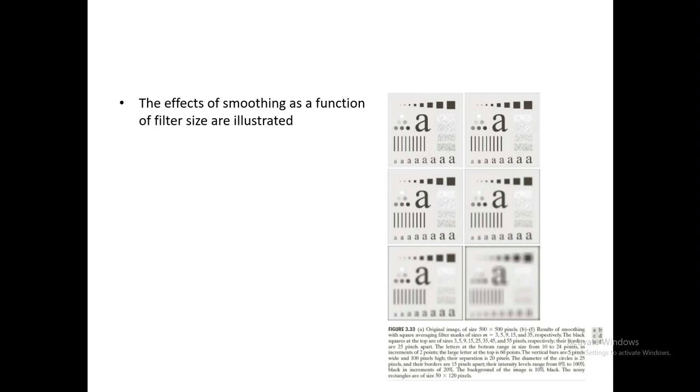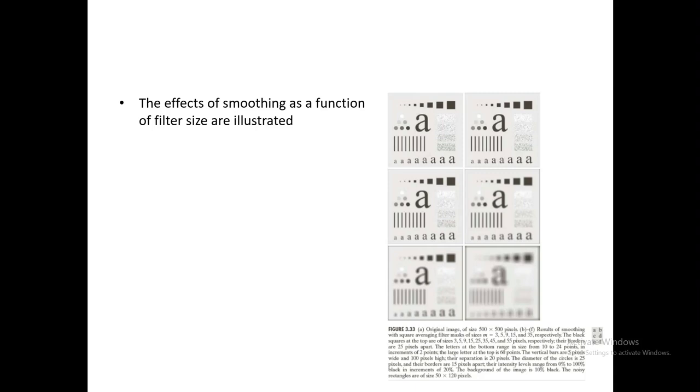As the filter size increases, the effect of blurring increases. Here is the original image of 500 by 500 pixels, and B to F refer to smoothing with square averaging filter masks of size m equal to 3, like 3 by 3, 5 by 5, 9 by 9, and 15 by 15.